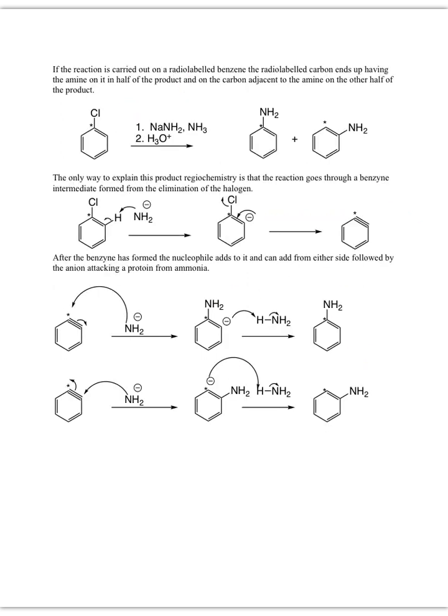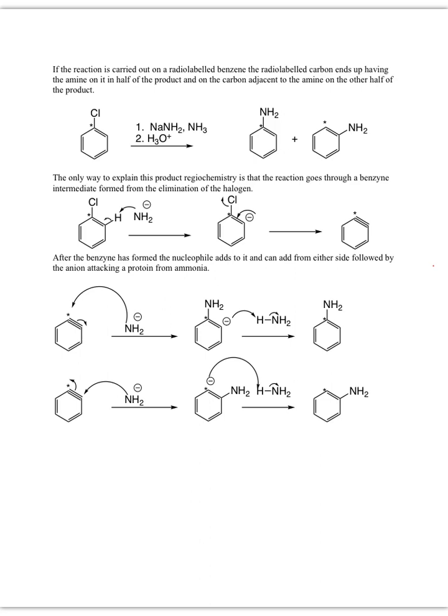Because of what happens, NH2 minus in the mechanism. Okay, so if we had a radio-labeled benzene with the chlorine carbon, we see that we get two possible products with the aniline, the nitrogen on the carbon with the radio label or next to it.